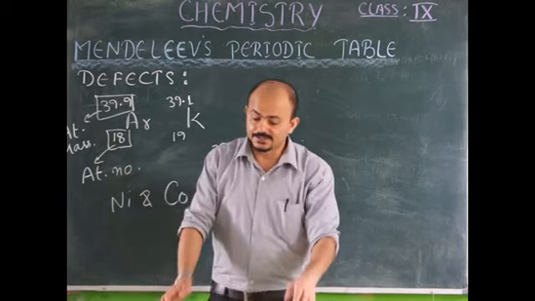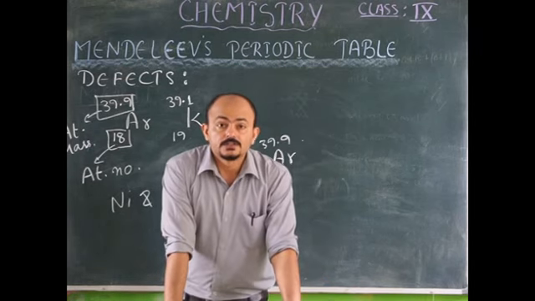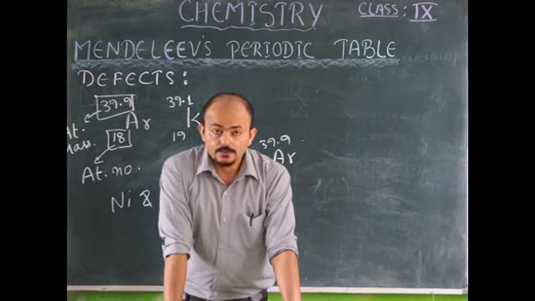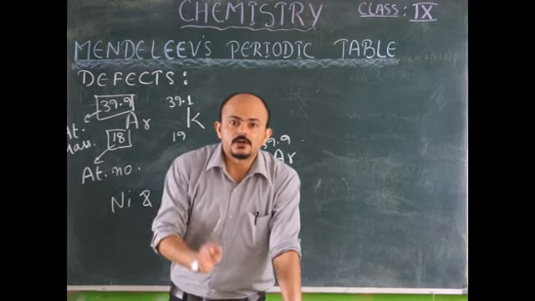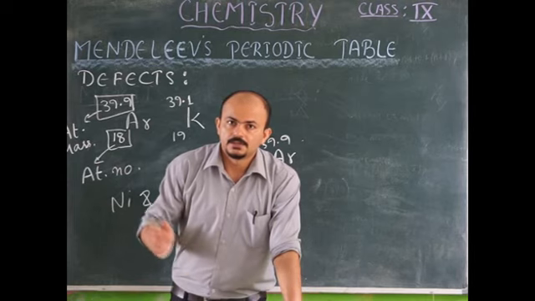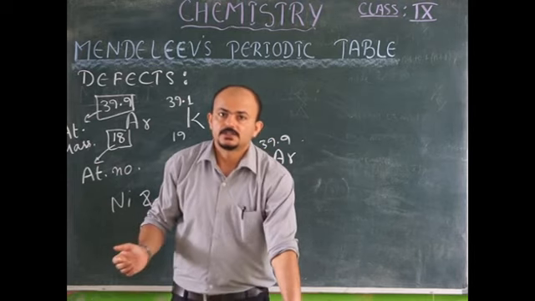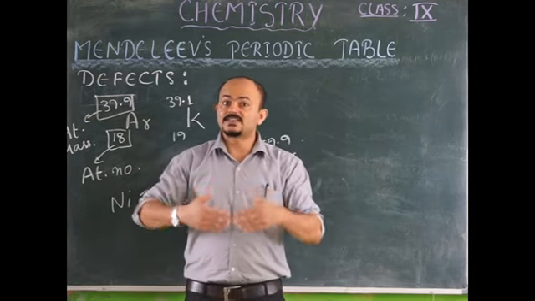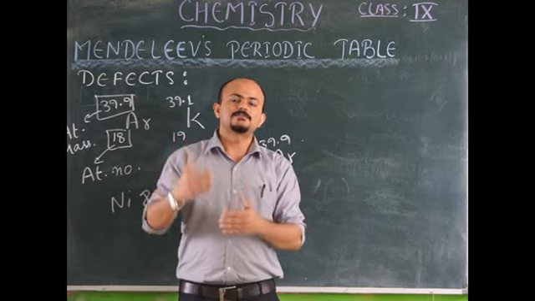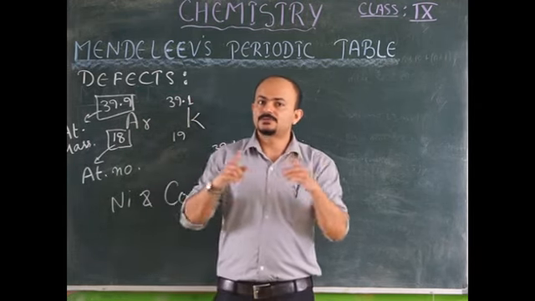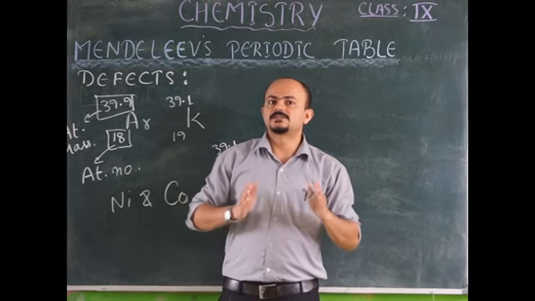This is one of the defects. The fourth point is separation of chemically similar elements. Gold and platinum have similar properties, but Mendeleev's classification put them into different groups. It separated them even though they had the same chemical properties.